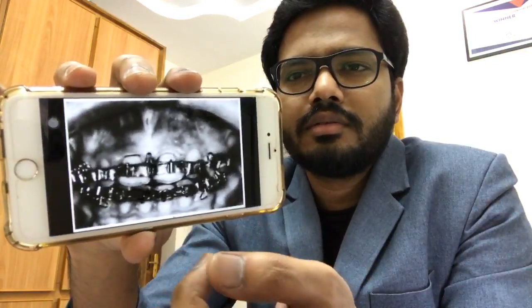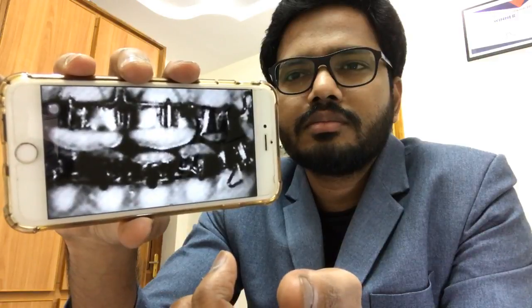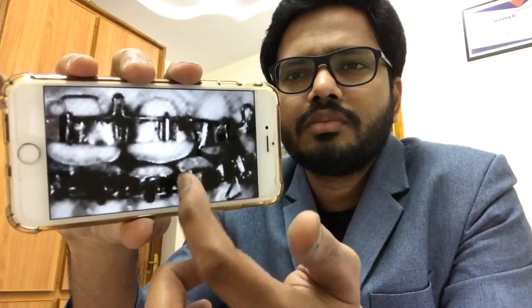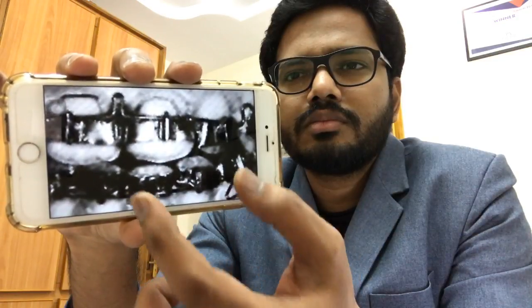And we have the Begg appliance, with vertically directed slots. And finally, lip pads.